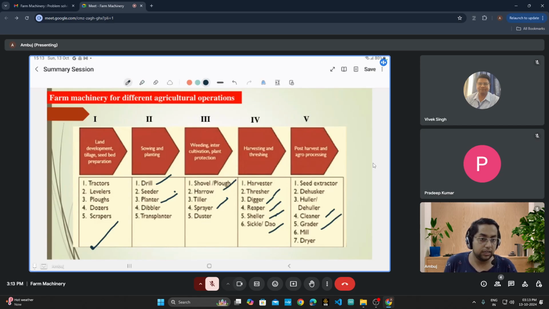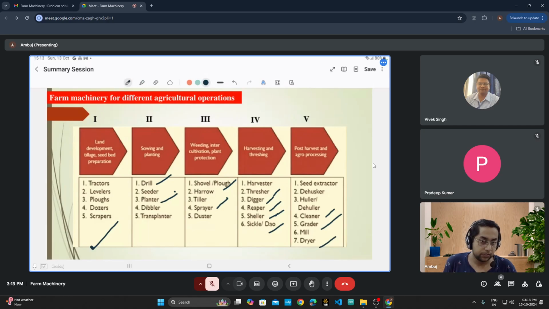Then comes the role of milling, and after the milling process we come to drying. Drying is an important process in post harvest and agro processing. By various drying methods, the moisture content of the crop is decreased. This is important. Dehusker, huller, dehuller are all used for the same purpose, to remove the husk from the grain crop.